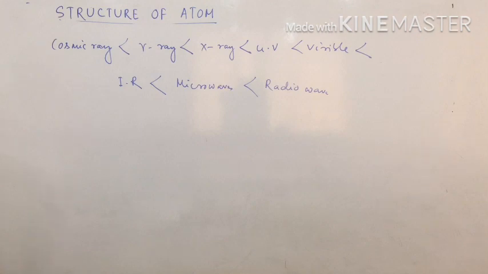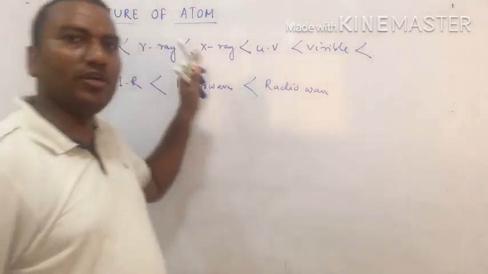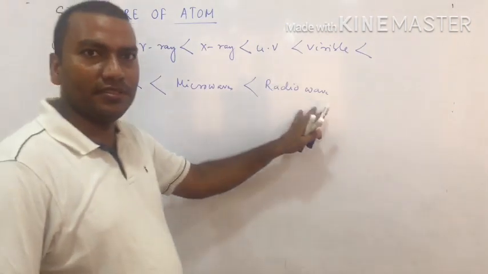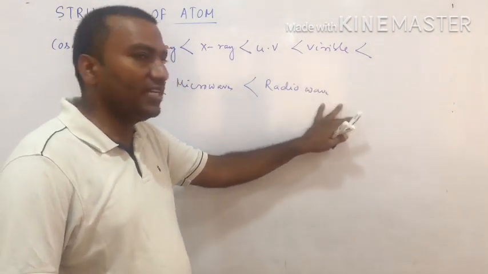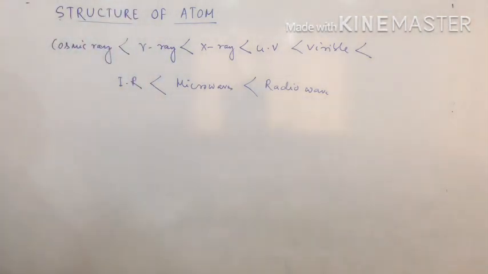When you arrange this, the cosmic ray has more frequency but very little wavelength. Radio waves have less frequency but more wavelength. So remember, this arrangement is known as the electromagnetic spectrum.